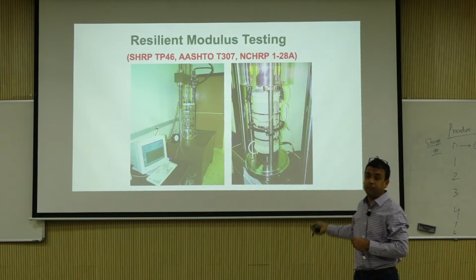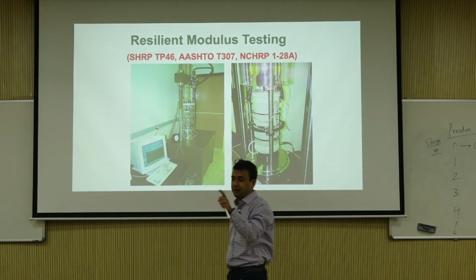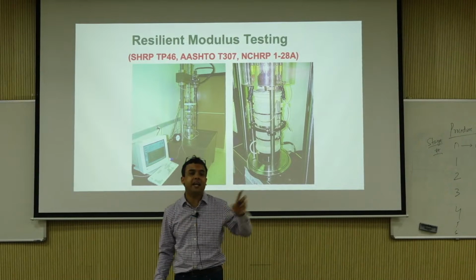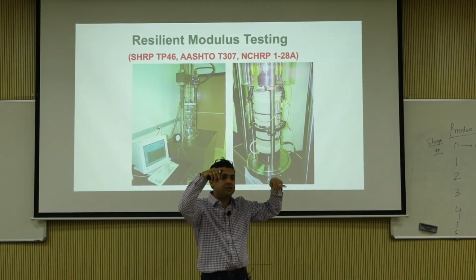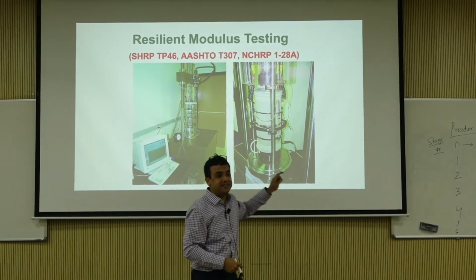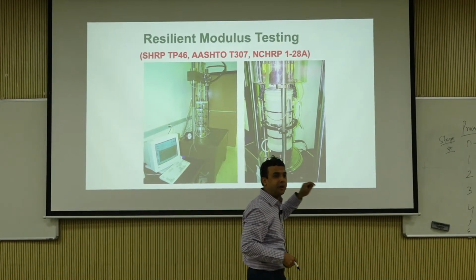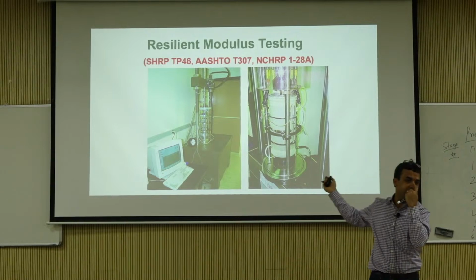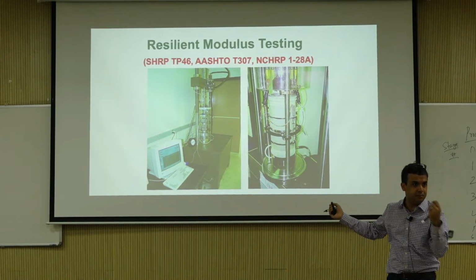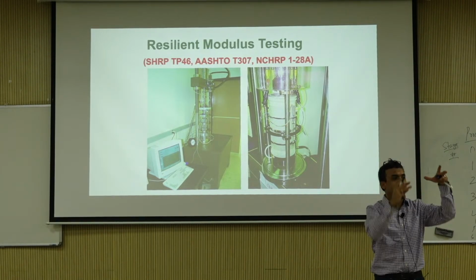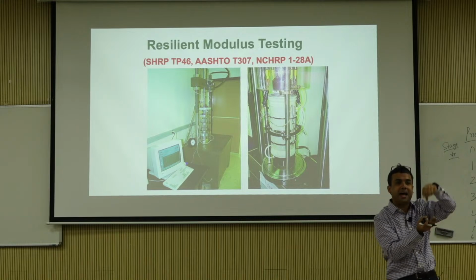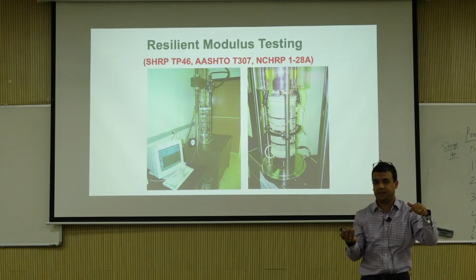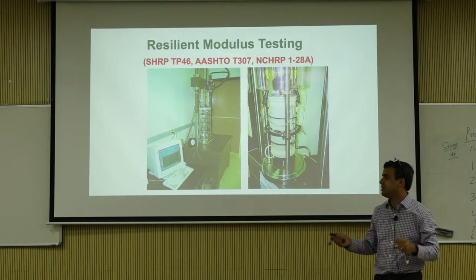Okay, but AASHTO T307 allows external LVDTs. But if you go to NCHRP 1-28A, the harmonized one, it says do not have LVDTs outside. You have to have LVDTs on the specimen. That's because there can be rotation of the specimen, there can be compliance of the loading rod and stuff like that.